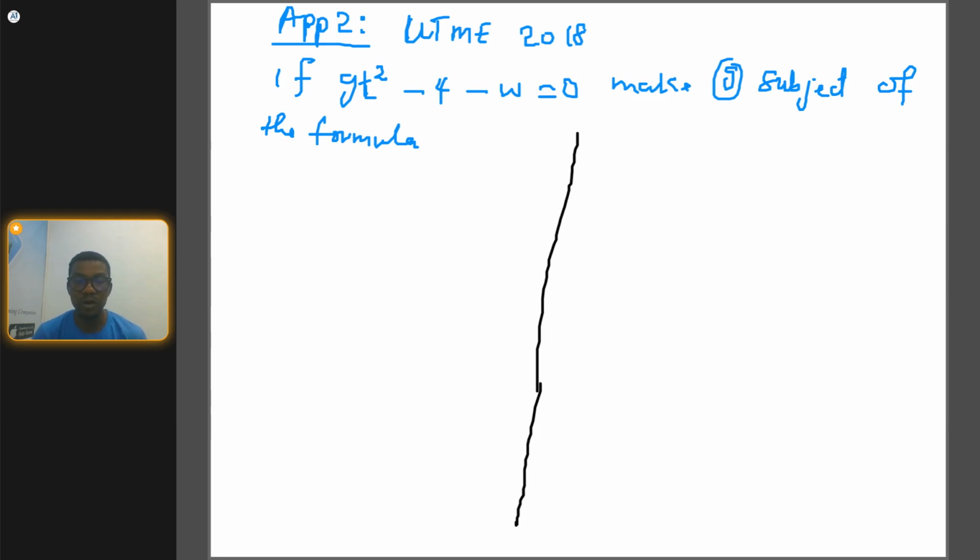All right, so follow attentively. Follow me so we can solve this together, and we'll try as much as possible to make the solution detailed. So we are given gt squared minus 4 minus w equals 0. Make G the subject of the formula.